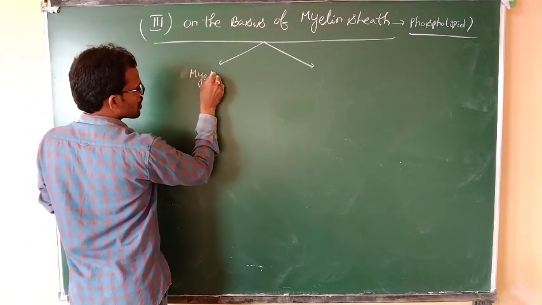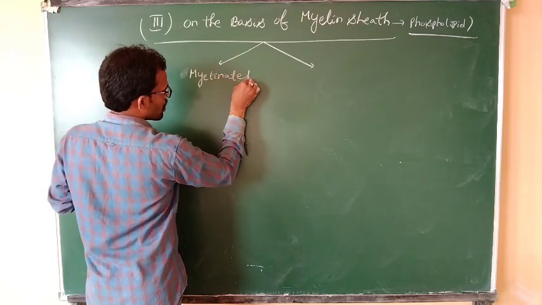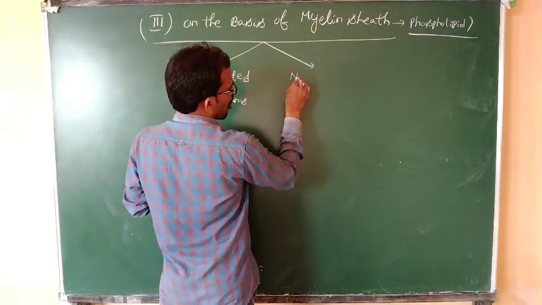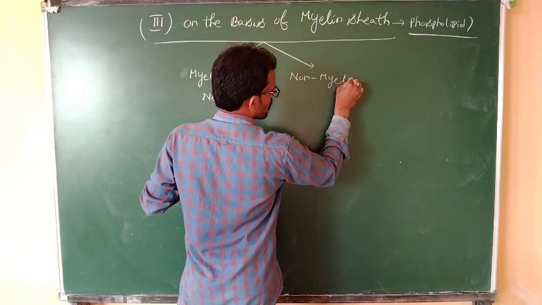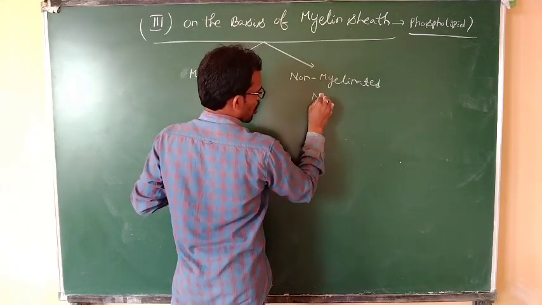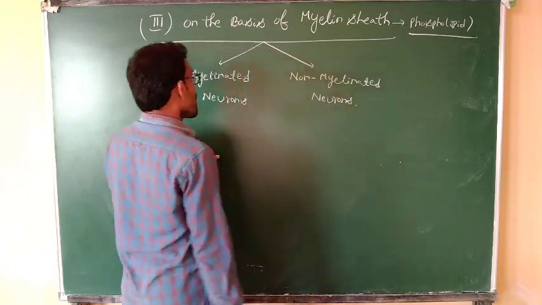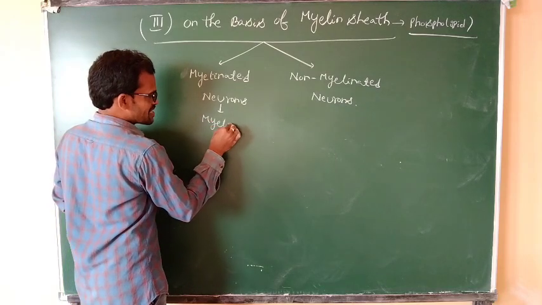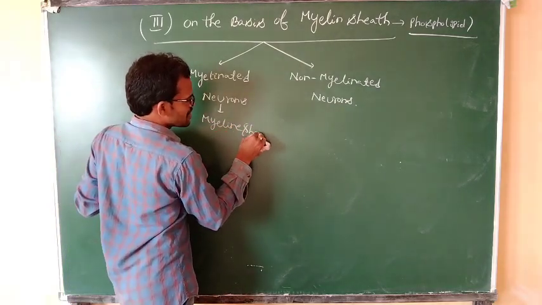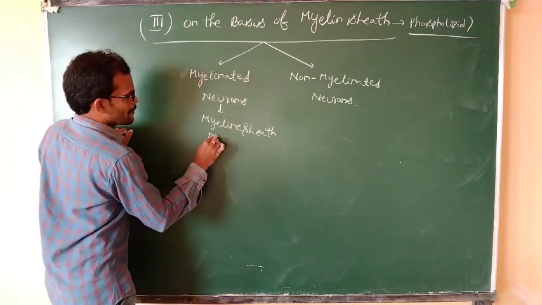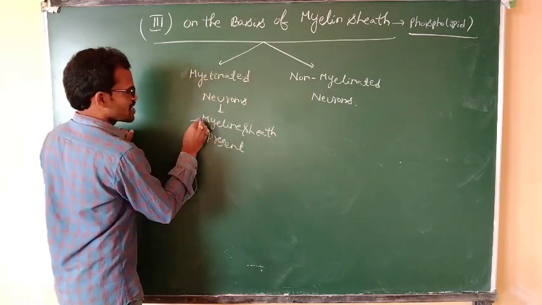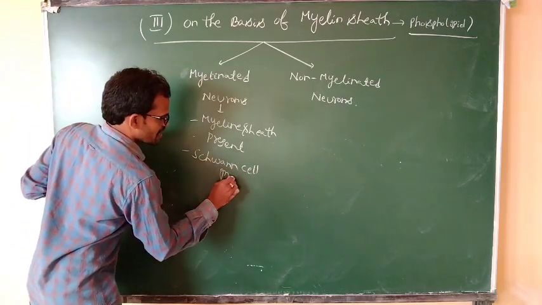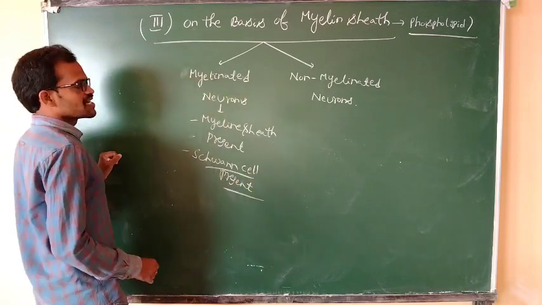Myelinated neurons, non-myelinated neurons. Myelinated neurons means the myelin sheath is present, and Schwann cells are present.